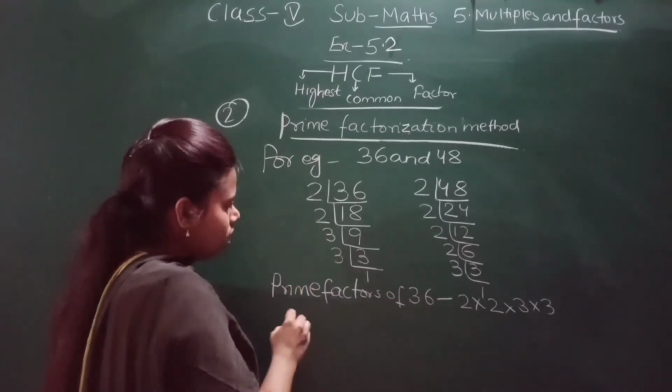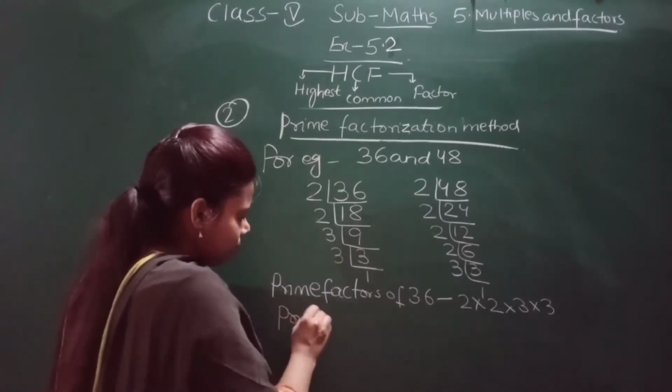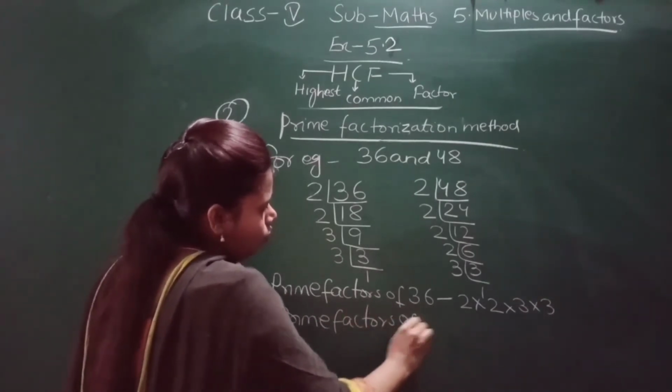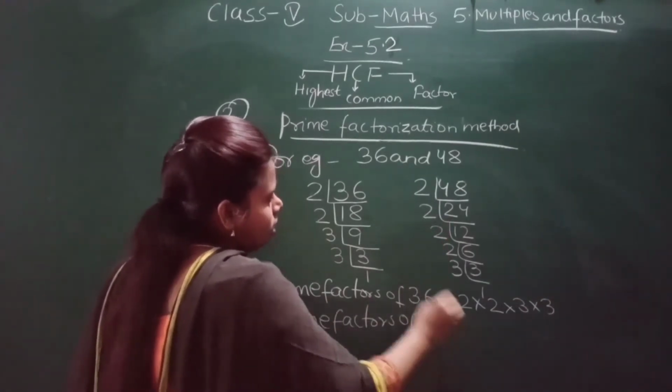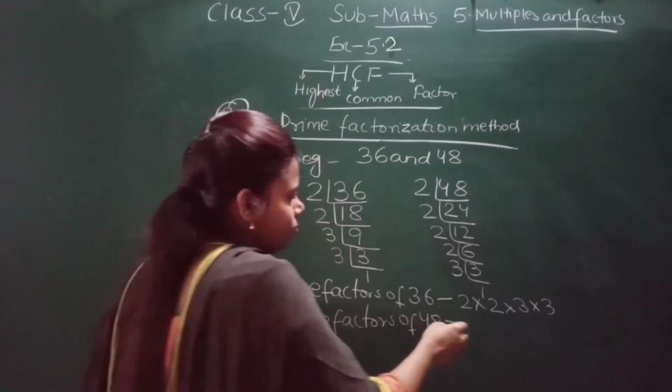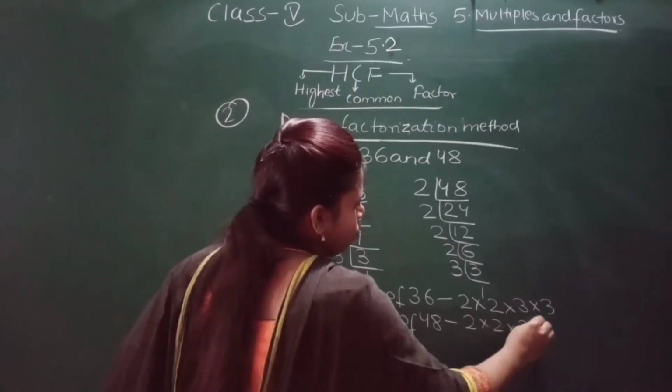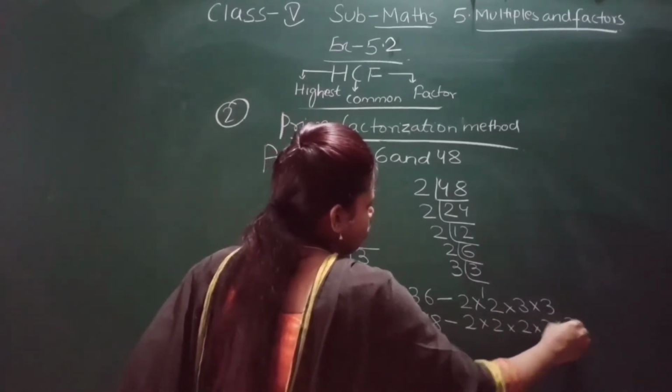Like this you will write. Now we will write prime factors of 48. These are the prime factors: 2 into 2 into 2 into 2 into 3.